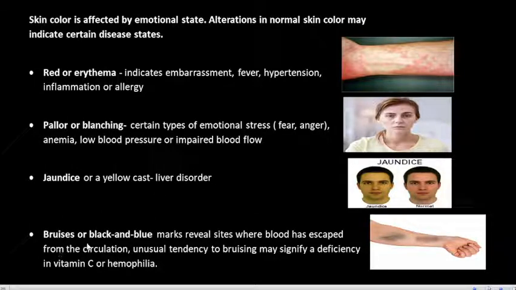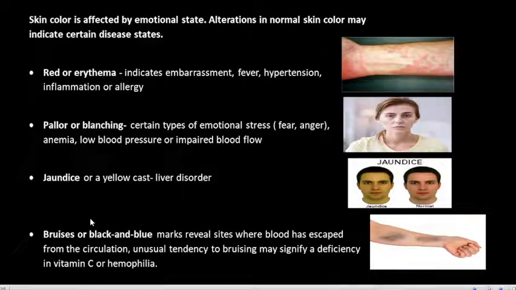Next, you have bruises or black and blue marks. Reveal sites where blood has escaped from the circulation. Unusual tendency to bruising may signify a deficiency in vitamin C and hemophilia. So, yung mga pantal-pantal, sometimes kailangang ipa-check sa doktor. Kasi ang hemophilia natin, this is a type of disorder in which the blood is not able to clot.